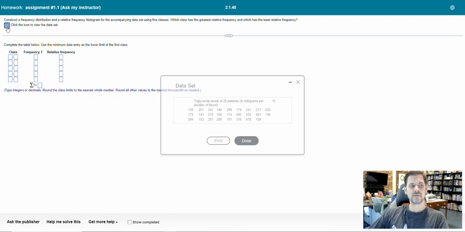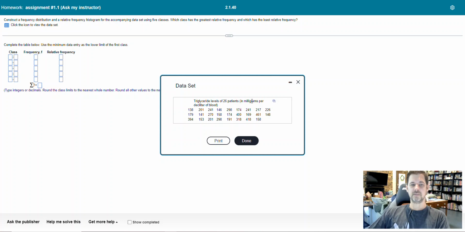Okay, so I click this and it opens it and it says apparently we have some medical study and we're measuring triglyceride levels of 26 patients, and here they are. Each number represents the measurement for one of the patients in this study. So that's what this frequency distribution is based on.